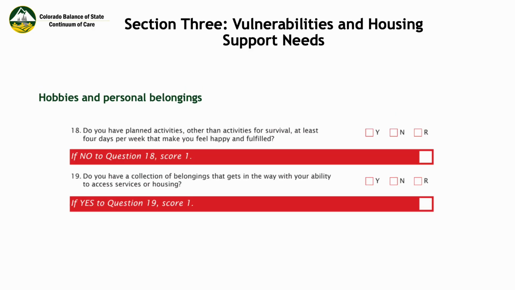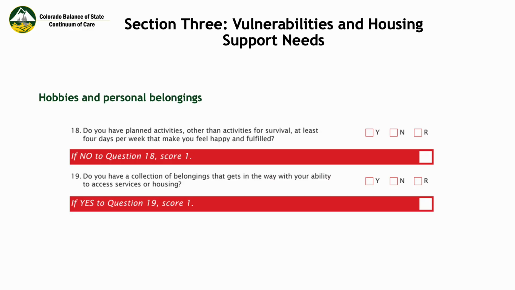Continuing on in Section 3, Vulnerabilities and Housing Support Needs, questions 18 and 19 ask about hobbies and personal belongings. Question 18 says, do you have planned activities other than activities for survival at least 4 days per week that make you feel happy and fulfilled? This can be summarized as if the person has hobbies that they participate in at least 4 days a week.